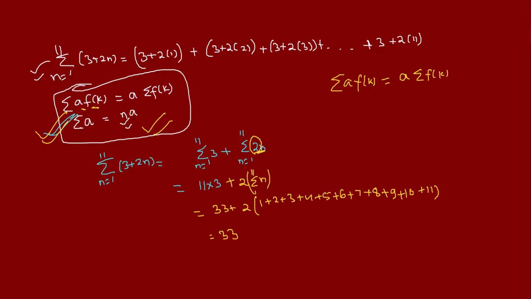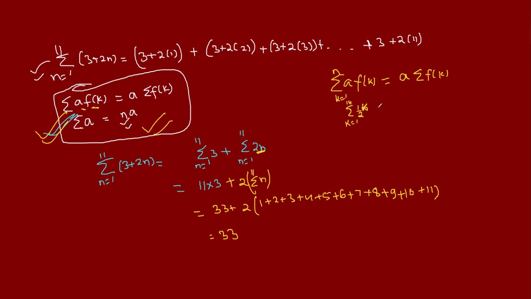What is a, what is f and what is k? A is a constant. Constant means any number. Let's suppose your number is half, and k starts from 1 to 10.